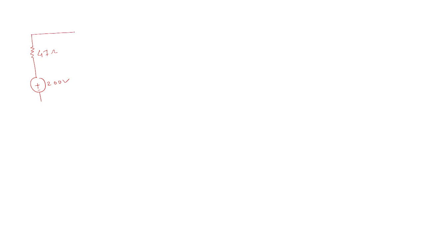And we all know that 27 and 27 that we have calculated in parallel combination, that parallel combination is 13.5 ohm. Now see here. Now 47 and 13.5 are connected in series. So 47 ohm and 13.5 ohm are in series.